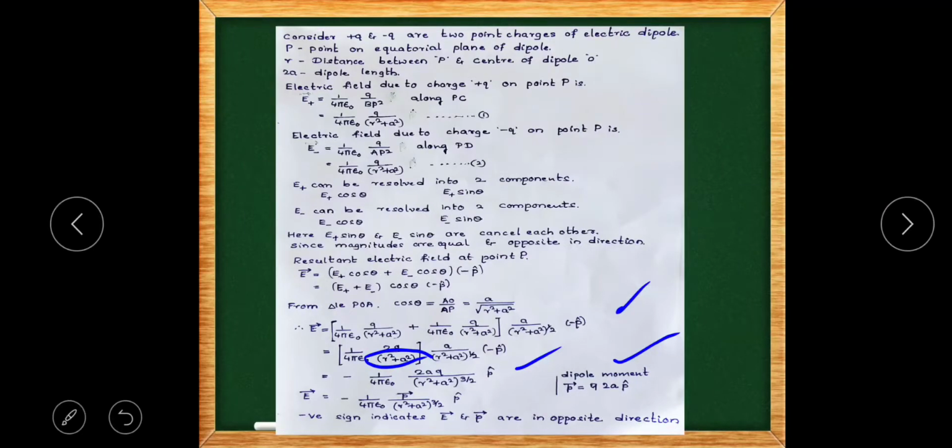Hence E equals minus 1 by 4 pi epsilon naught p divided by R square plus a square raised to 3 by 2. The negative sign indicates vector E and vector p are in opposite directions.